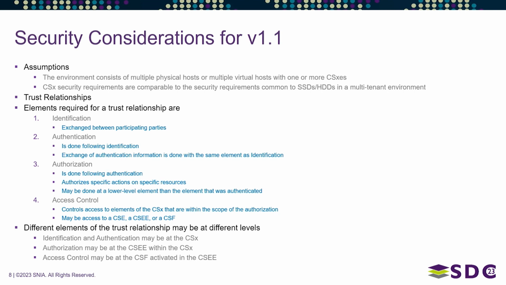So you may perform identification and authentication at the CSX level, so at the top level of your computational storage device, but your authorization may be at a lower level, saying you may be able to access this particular CSE, but not a different CSE that happens to be in the same device.